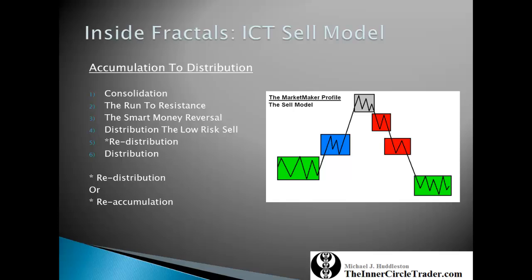Because without the understanding of how that takes place, talking about these things conceptually, broad brushed and vague as we have here in this ideal depiction of a fractal, it won't make any sense to us if we don't have a framework to build upon. And that's what we're doing here in Volume 6 and Volume 7, to give you an idea of how I see price action, how I view price action.